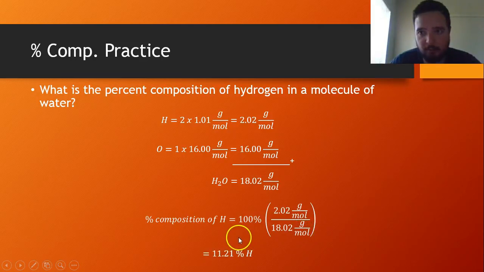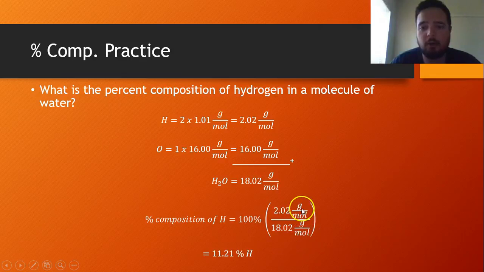So hydrogen makes up 11.21% of water. The majority of the mass is from the oxygen, but hydrogen makes up 11.21%. Again, the part that we figured out of the whole that we figured out of that molecule.